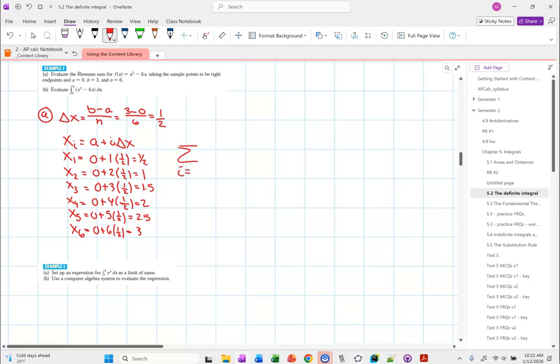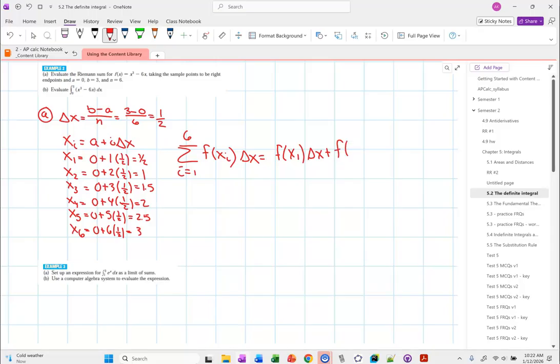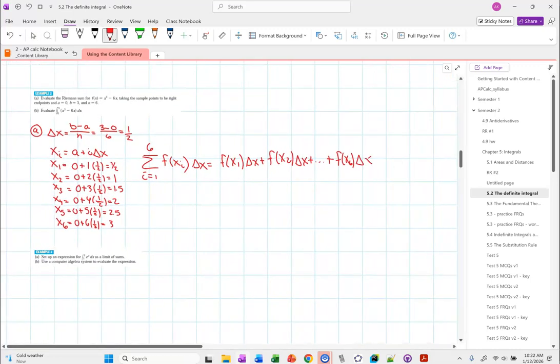So my sum from 1 to 6 of f of xi delta x is going to be, I'll write it this way. I'm going to have f of x1 times delta x plus f of x2 times delta x, all the way out to f of x6 times delta x.